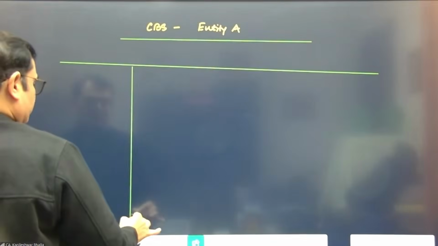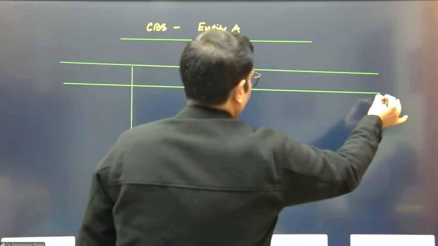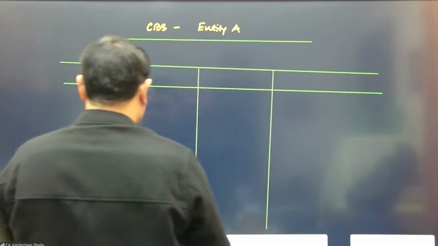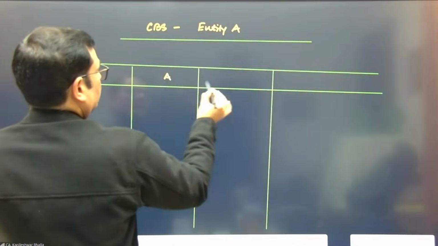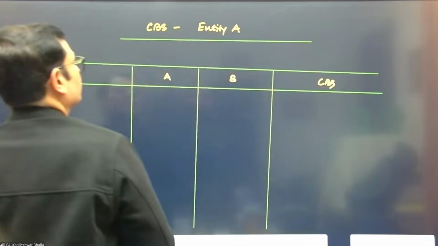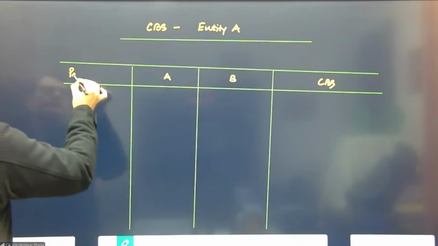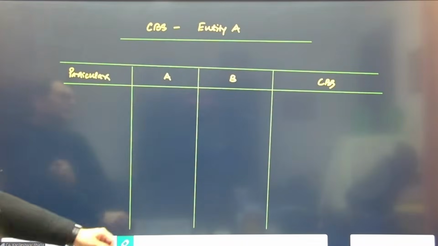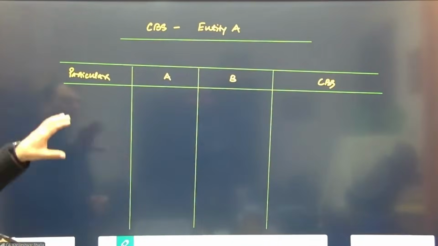We'll take the inputs, the name of the asset or liability. We've got A, we've got B, and the consolidated. So we'll take the data for A and B and get the consolidated balance sheet in this case. Let's first of all take it item by item.